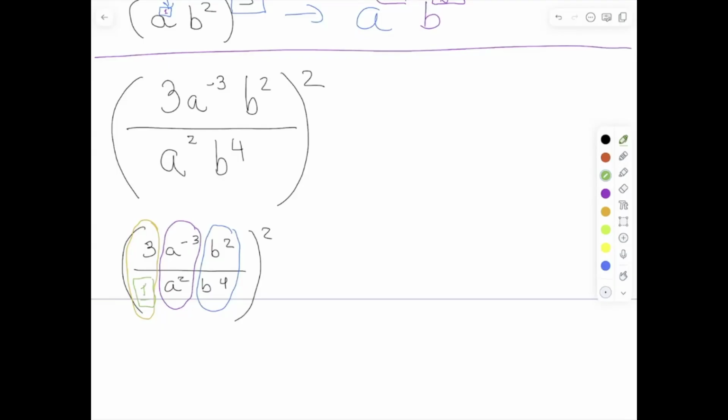I'm going to take it out. Those 3 over 1. I have A to the negative 3 over A squared, and B squared over B to the 4th. You see how I took them out? And remember, don't forget, there's a 2 outside.